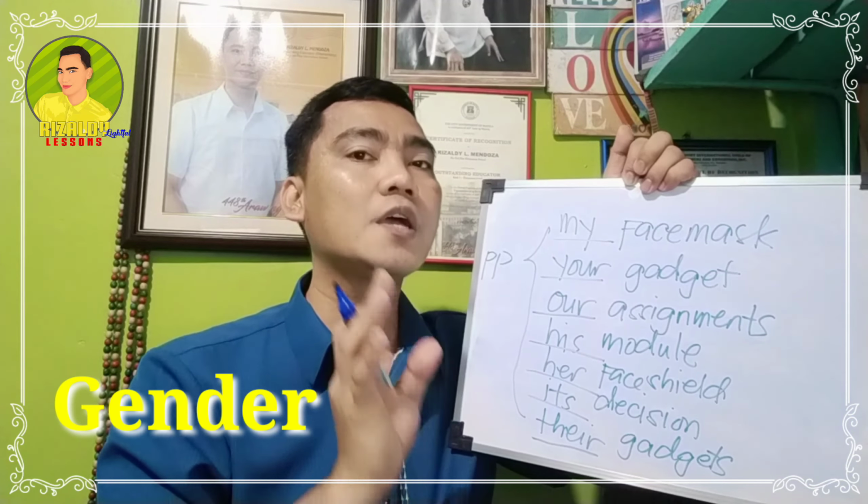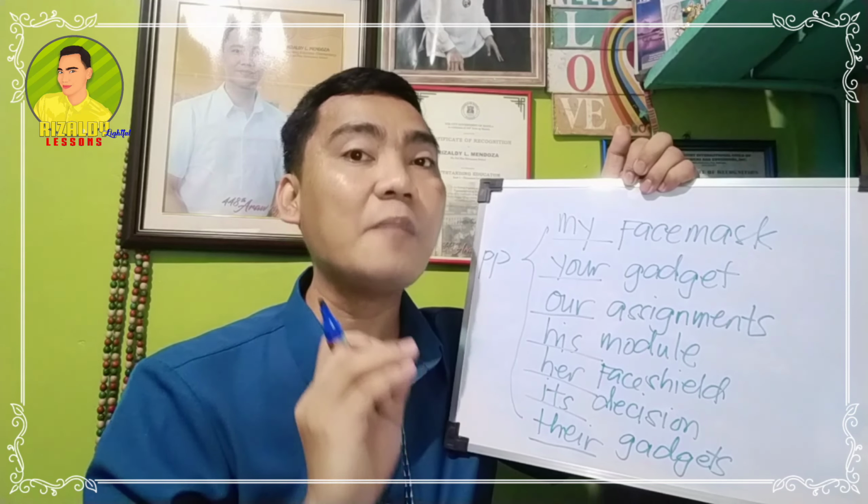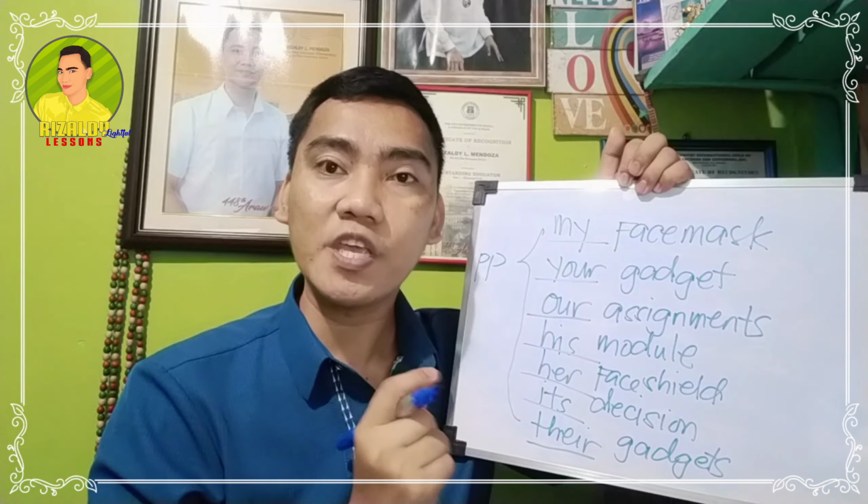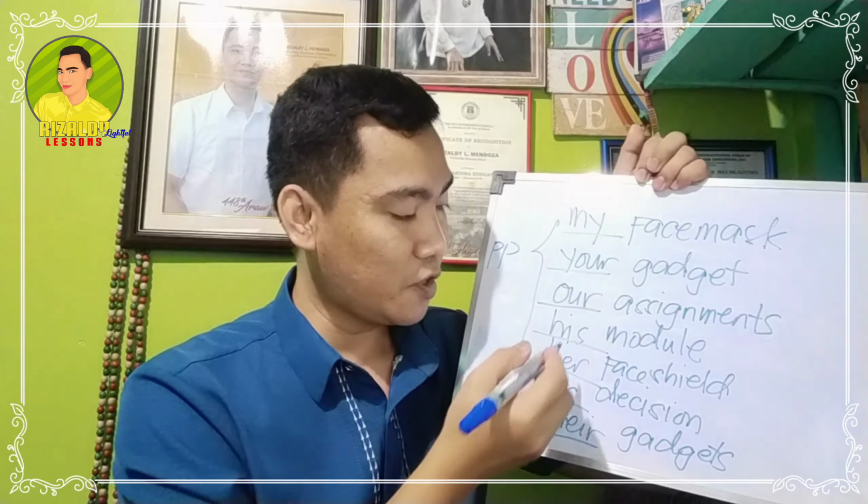Correct? So remember to apply these things in identifying or in using the so-called possessive pronoun. Number in grammar, singular and plural, and of course the gender in grammar, we have your masculine, feminine, and neuter. Of course, if you are referring to a boy here, you make use of your his.